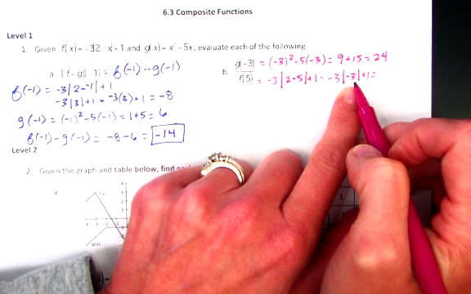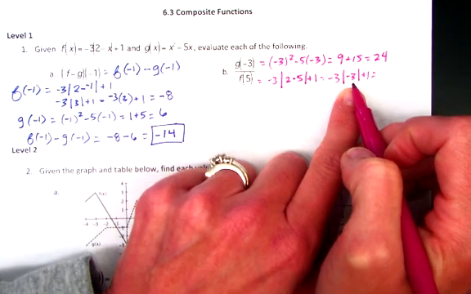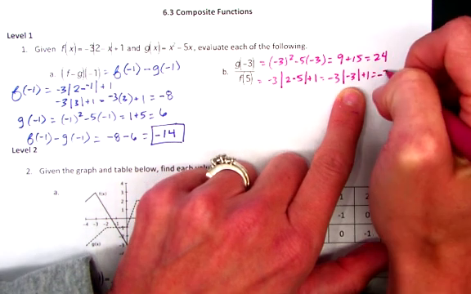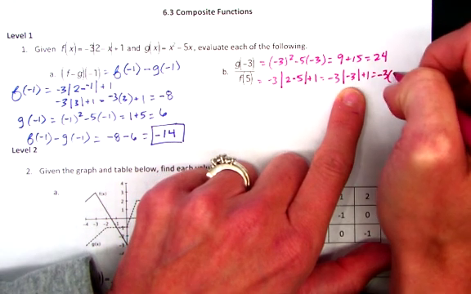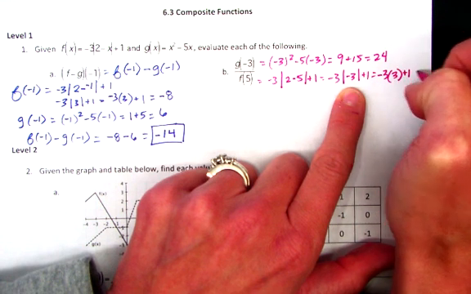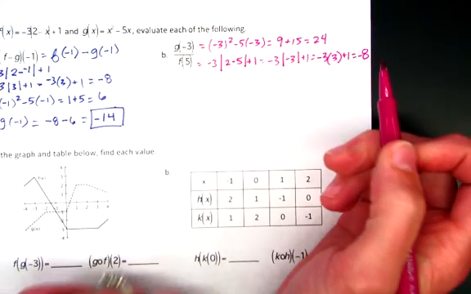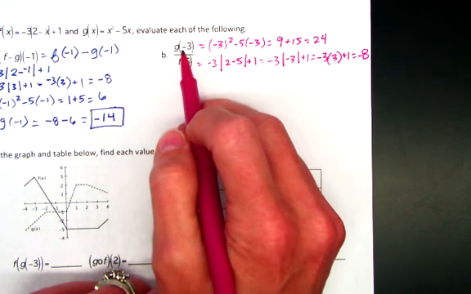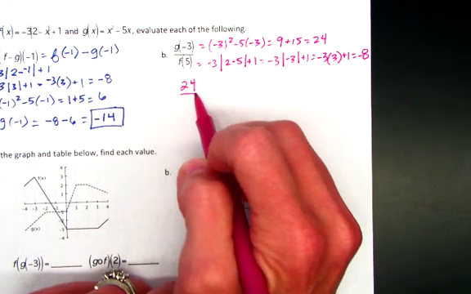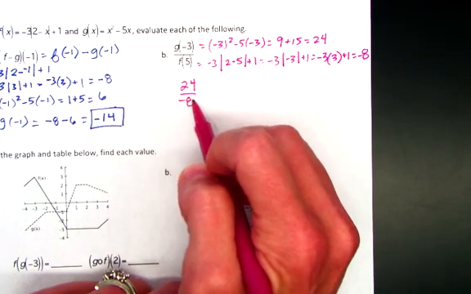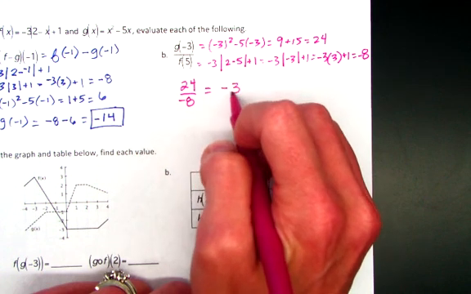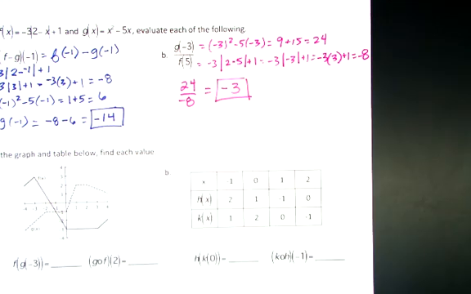Well, the absolute value of -3 is 3 units away, so that's -3 times positive 3 plus 1, which is -8. So now what I really have, g of -3 is 24, f of 5 is -8, so the final answer here is -3 when we divide.